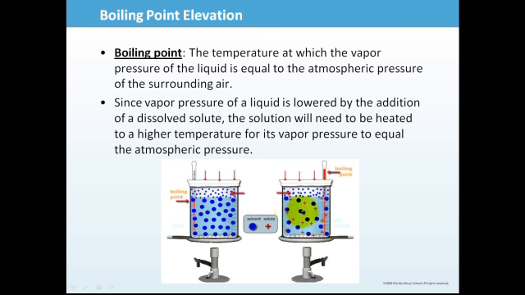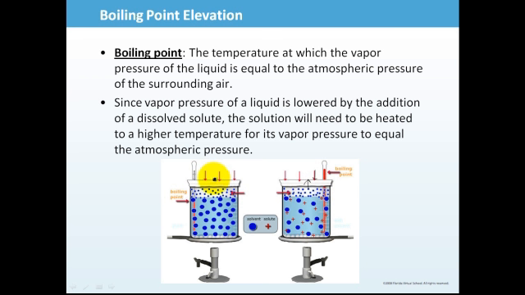Now, because we add solute particles, remember we're going to have less in the vapor form. To get the pressure that these particles are pushing back towards the top here equal to the atmospheric pressure pushing down on it, we have to have the same number of particles.